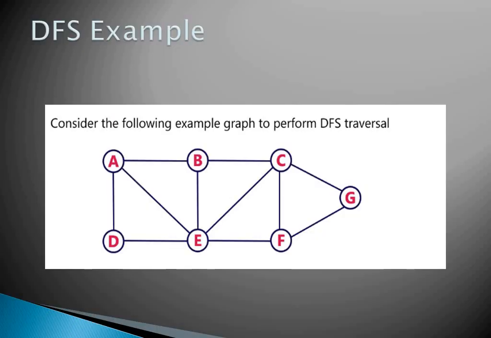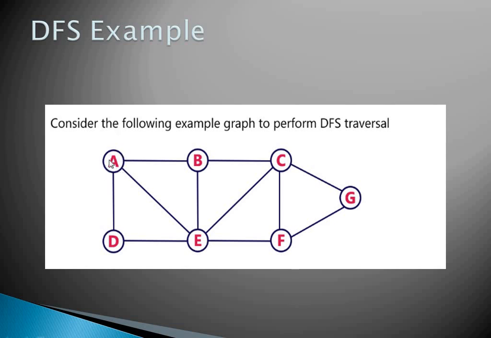Now you can see the example here. The number of vertices given is 7: A, B, C, D, E, F and G. Here we have to choose one vertex as a starting point, and another vertex, for example G, will be the destination point.